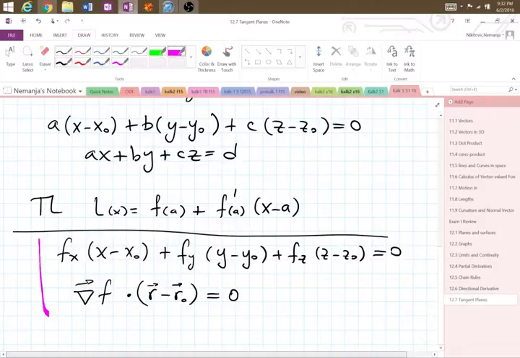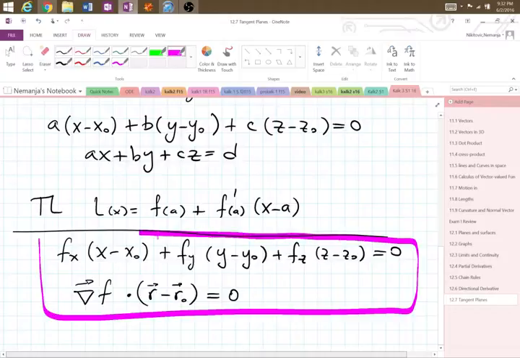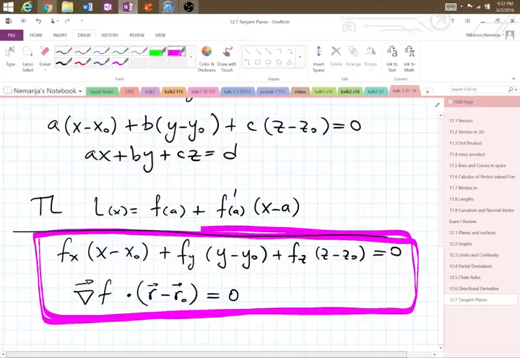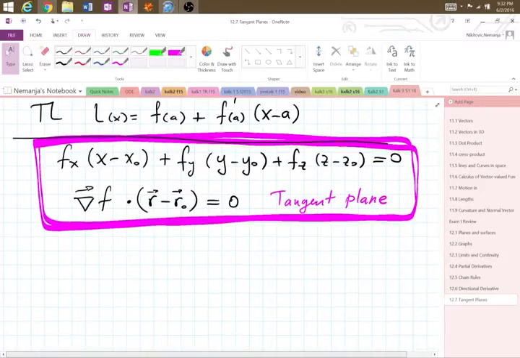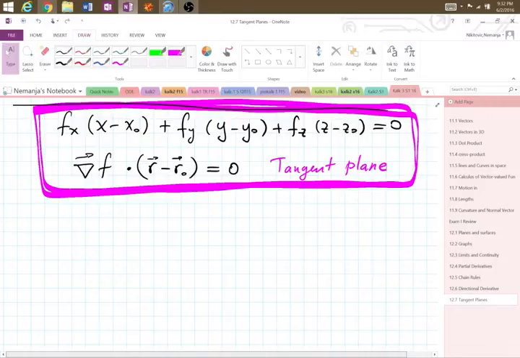One is a vector equation. So every surface will have a tangent plane. Now, depending on whether we are having a 2D or 3D case, you'll be computing at (a, b) or at (a, b, c) for all of these calculations.